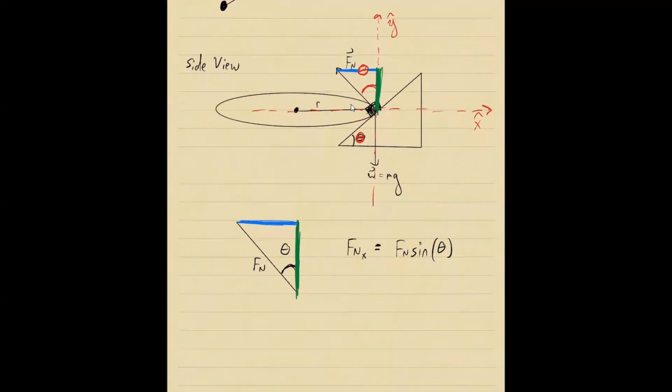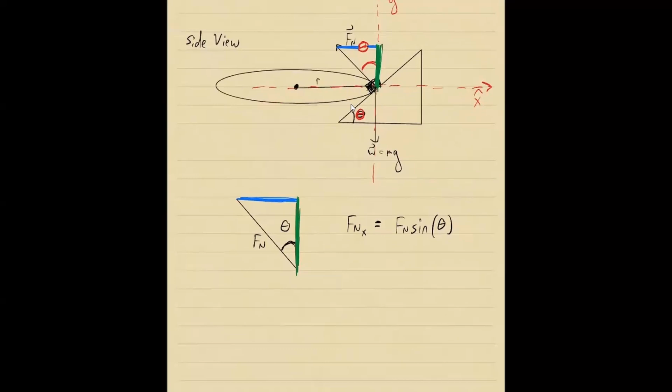The reason I bring this up is because this x component of our normal force is going to be the centripetal force that keeps our car from sliding up or sliding down. It keeps it in uniform circular motion.